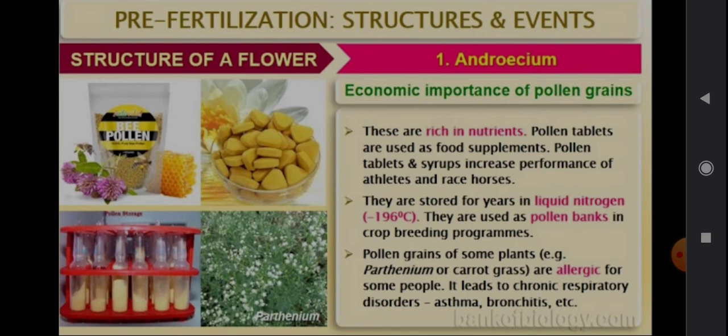So the pollen grains of Parthenium or carrot grass are not good. What we came to know mainly is that very few pollen grains are not so good and other pollen grains have much importance.